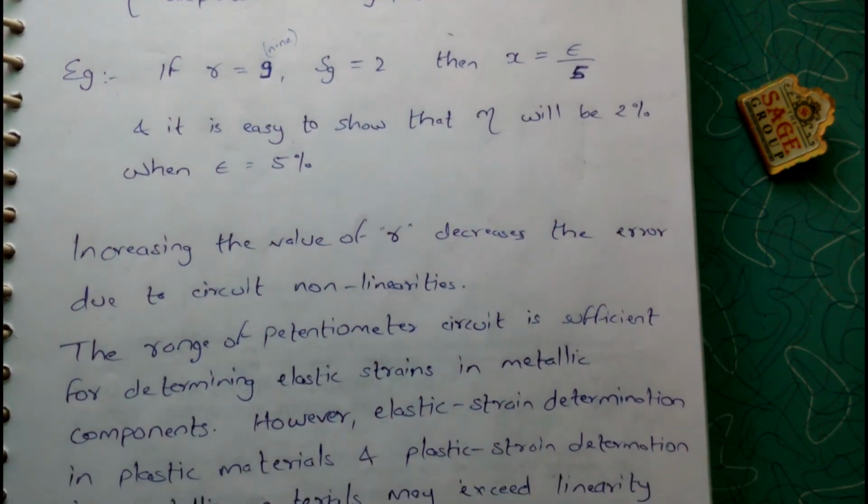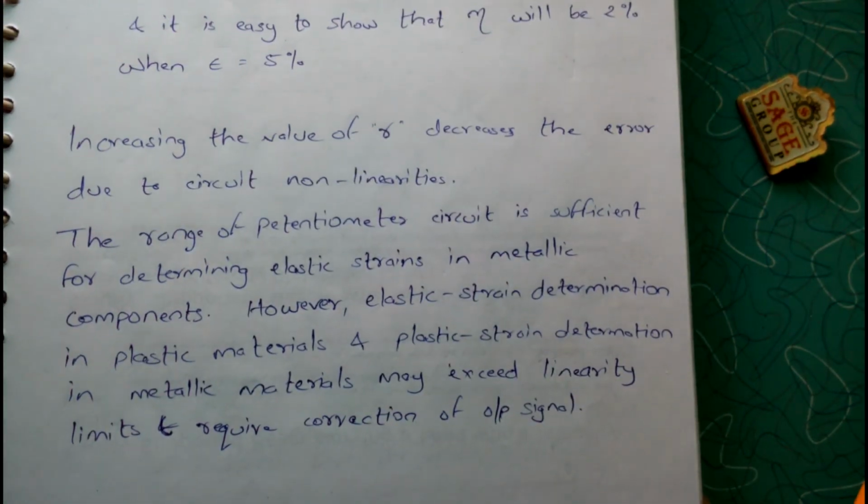The range of the potentiometer circuit is sufficient for determining the elastic strains in metallic components, but elastic strain determination in plastic material and plastic strain determination in metallic material may exceed the linearity limits. Okay, and we require to correct the output signal accordingly.